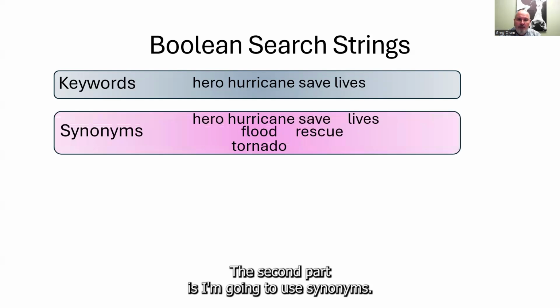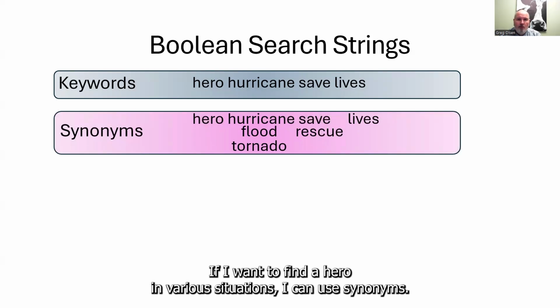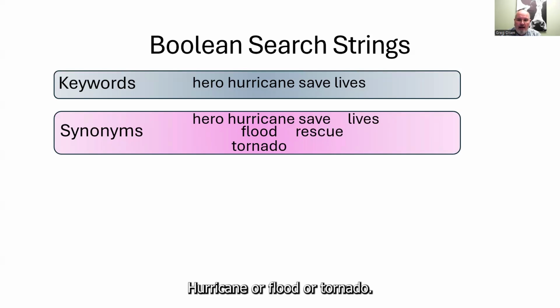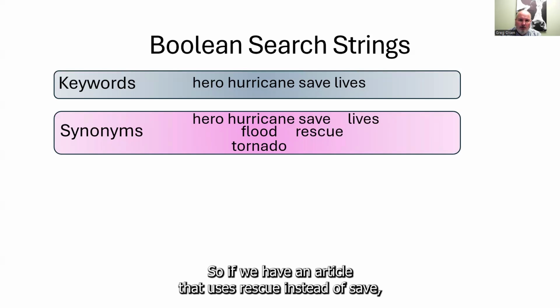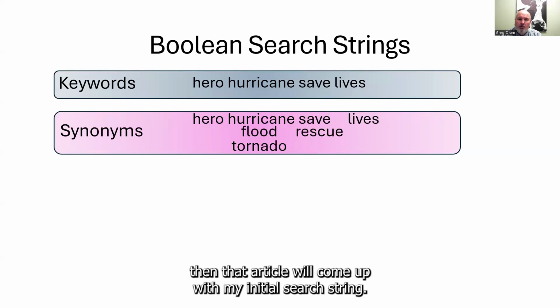The second part is I'm going to use synonyms. If I want to find a hero in various situations, I can use synonyms: hurricane or flood or tornado. Any of these words will work. And then for save, I might use rescue. If we have an article that uses rescue instead of save, then that article won't come up with my initial search string.